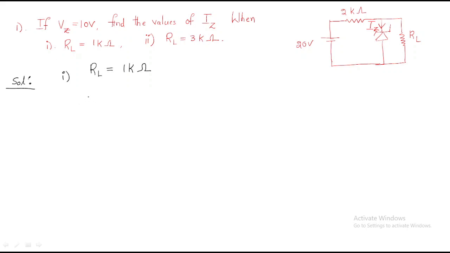So now you draw the diagram. This is 20 volts and this is 2K and this is the Zener voltage, and this is the 1 kilo ohm.